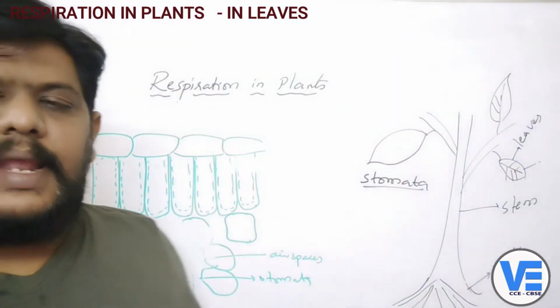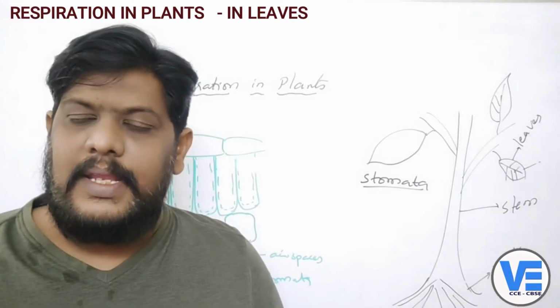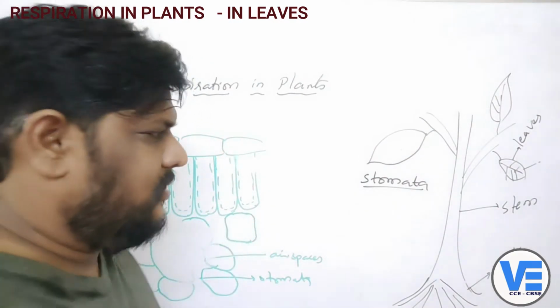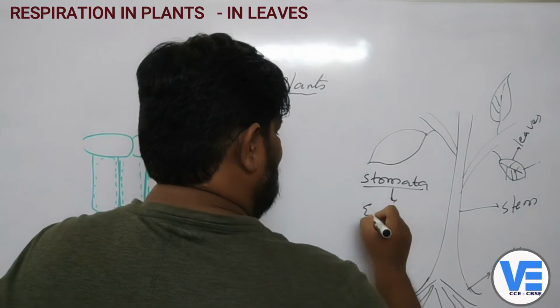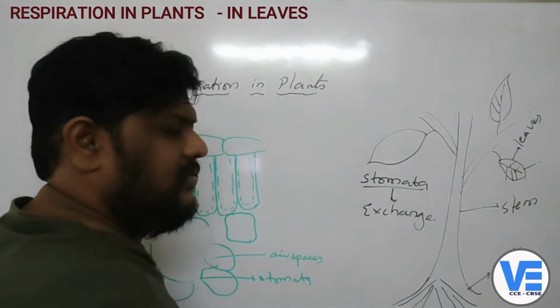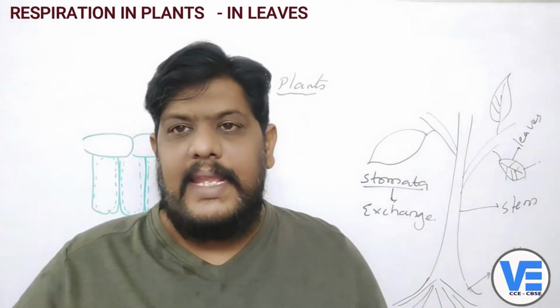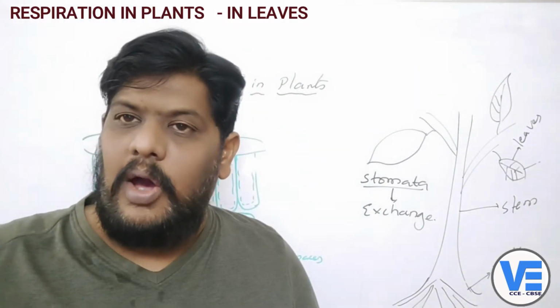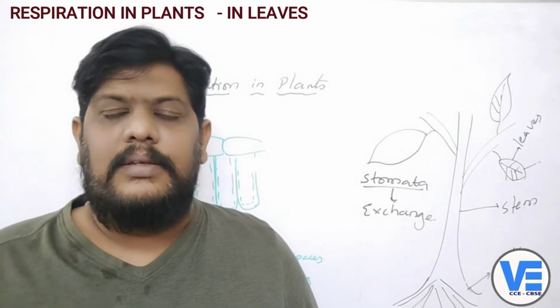These stomata are responsible for the exchange of gases. So the exchange of gases basically takes place in the leaves, isn't it? So leaves are the respiratory organs present in the plant.